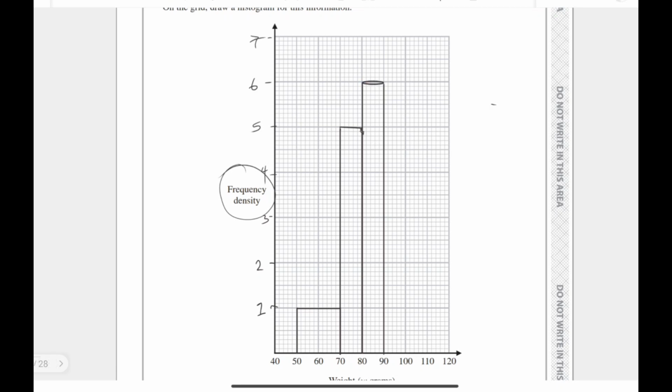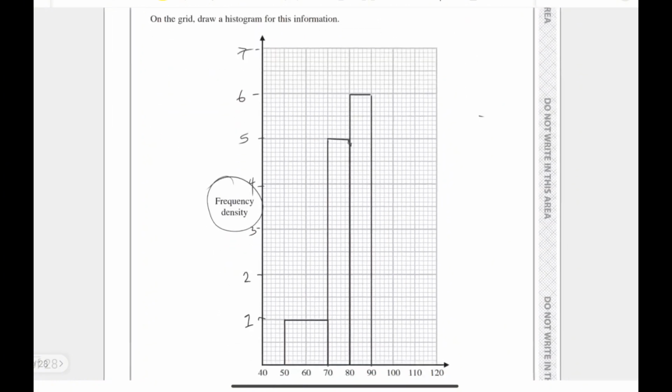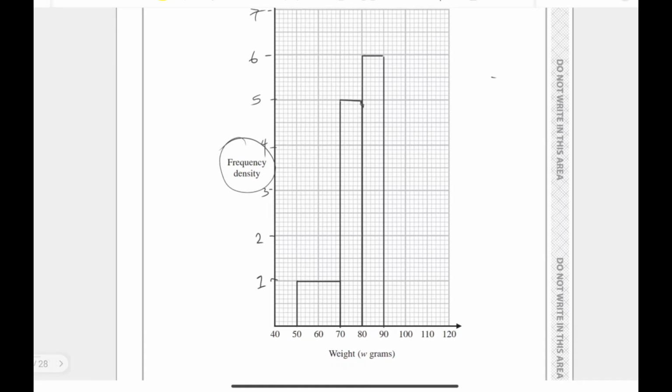Okay, let's leave it like that. So from 90 to 110 is 1.5. So 110 is 1.5, so that should be right here.